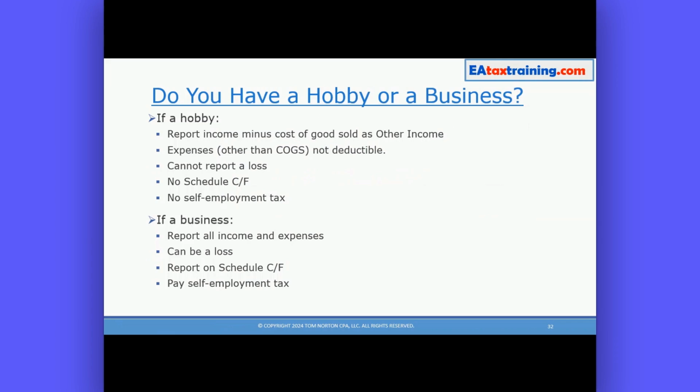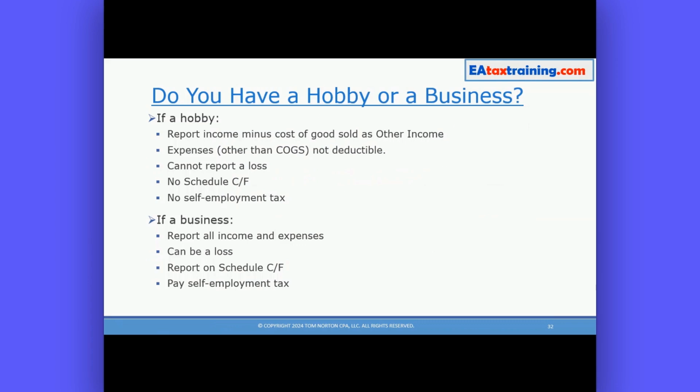Other expenses other than cost of goods sold are not deductible. You cannot report a loss. So if you have a hobby and you lose money, well, it's just a hobby. It's a personal activity you're engaging in. So you cannot report a tax loss. You don't have to file Schedule C or Schedule F, and you do not have to pay any self-employment tax.